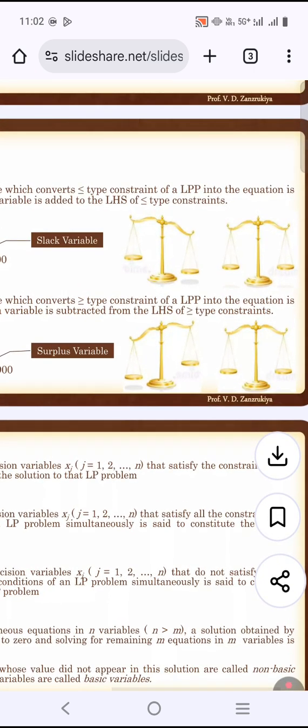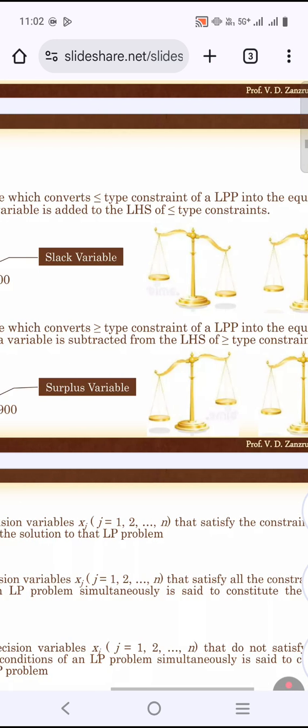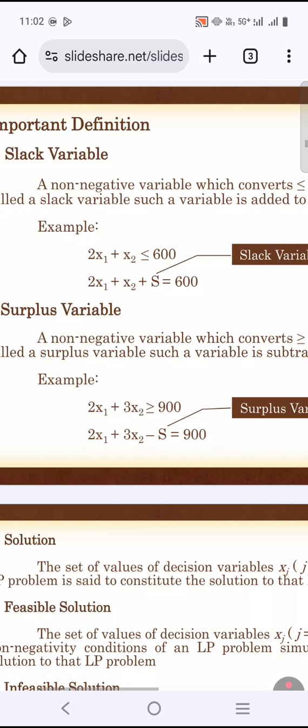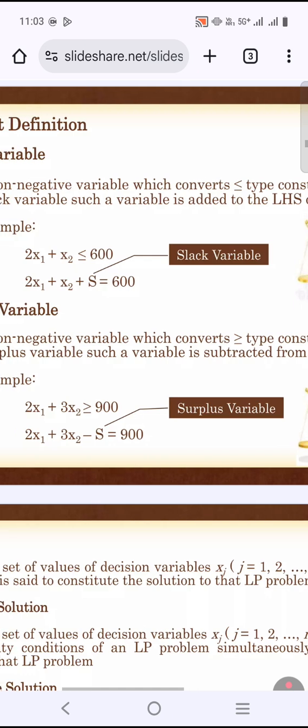For example, x1 plus x2 less than 600 is a less than type constraint, and we add the slack variable to the left hand side, giving 2x1 plus x2 plus s equal to 600.